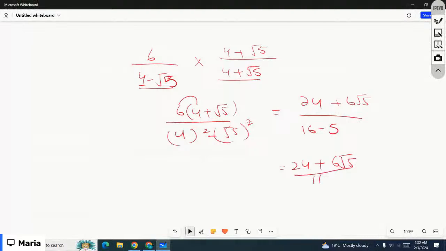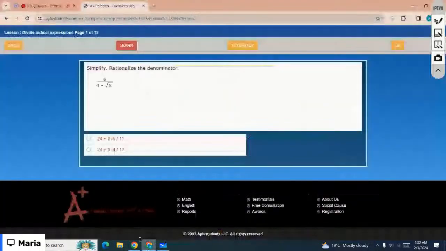Got it? So the correct option is 24 plus 6 square root 5 over 11. That is option number 1. Got it?